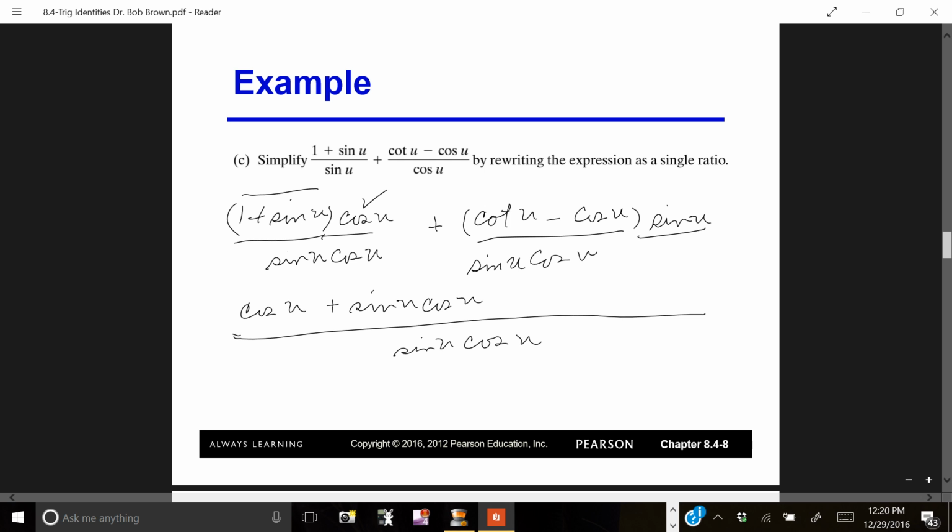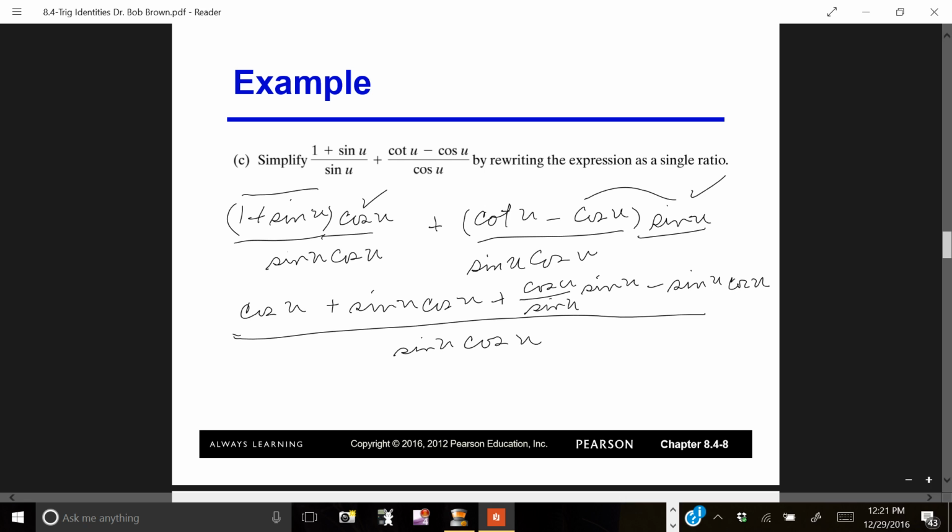And notice that cotangent of u is cosine of u over sine of u times this sine of u. And then finally, minus sine of u cosine of u.